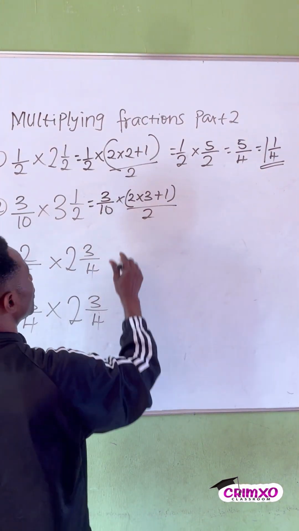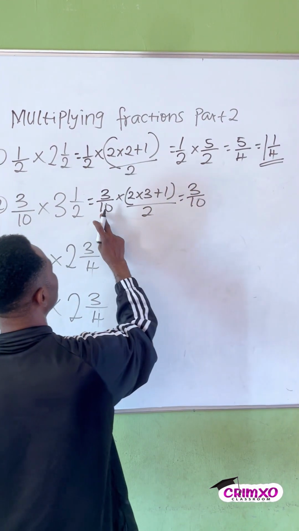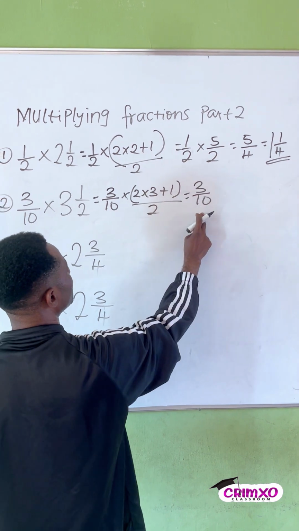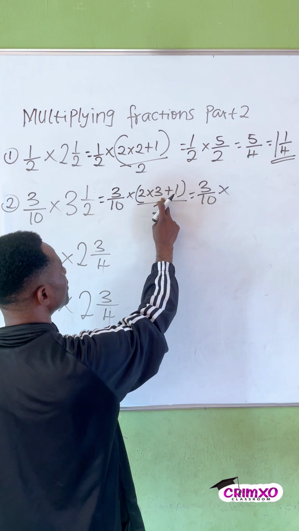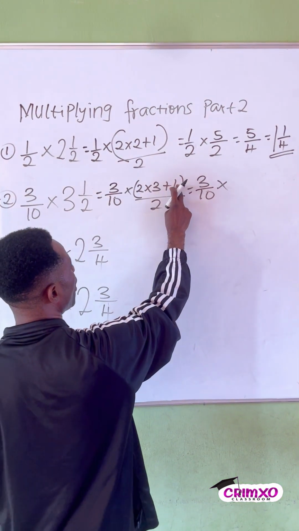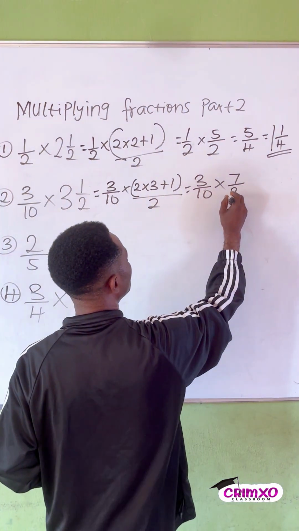Then times 2 times 3, 6. 6 plus 1 is 7 over the denominator 2.